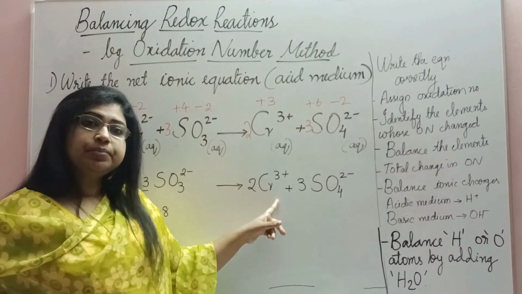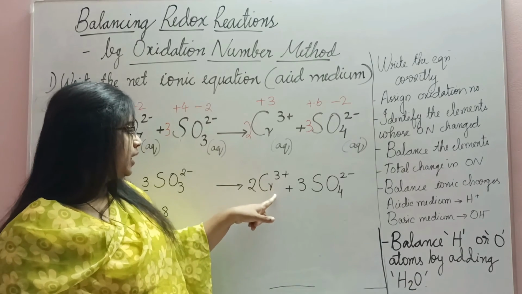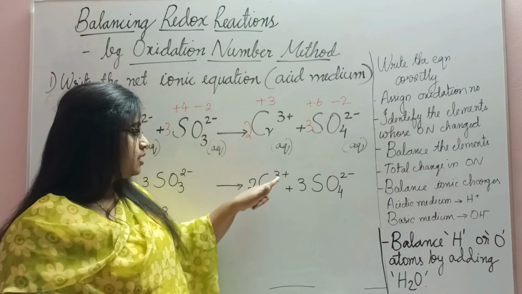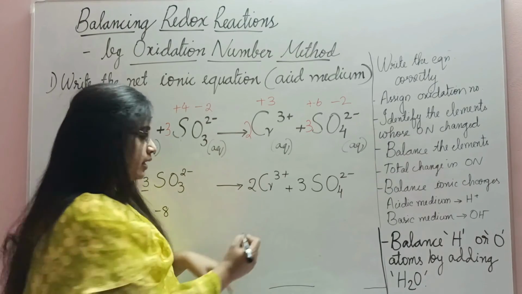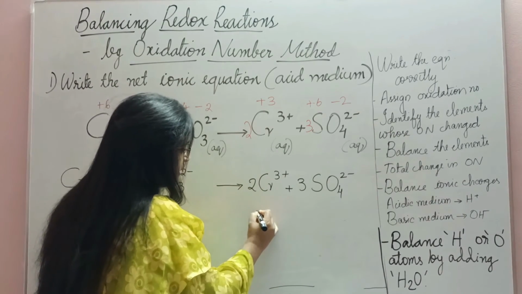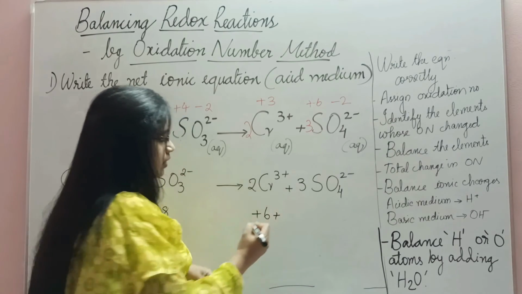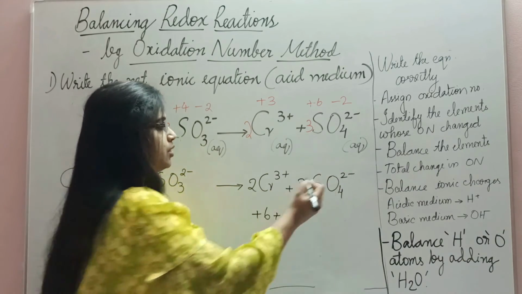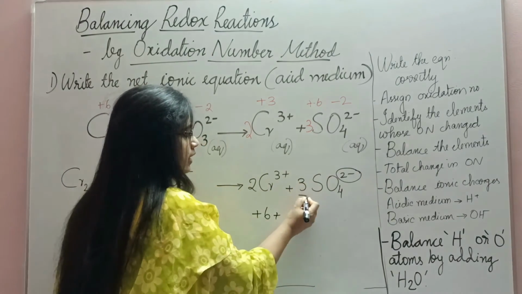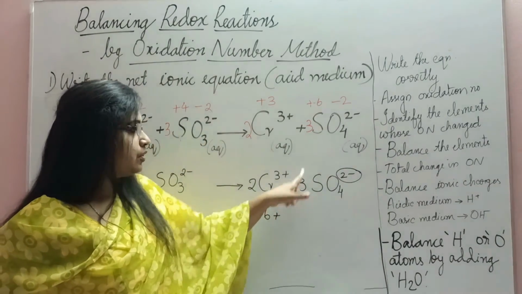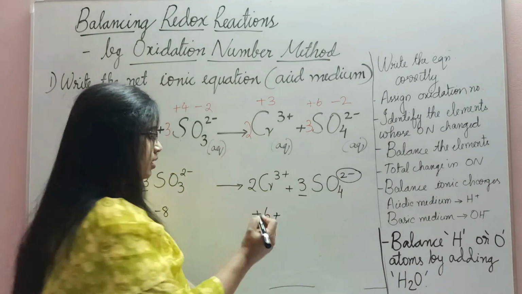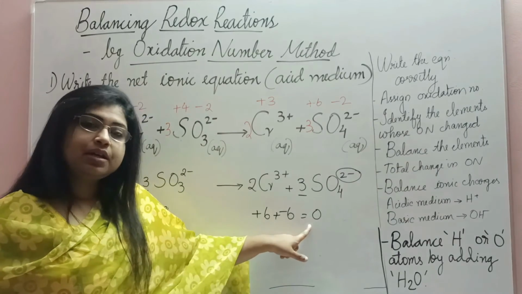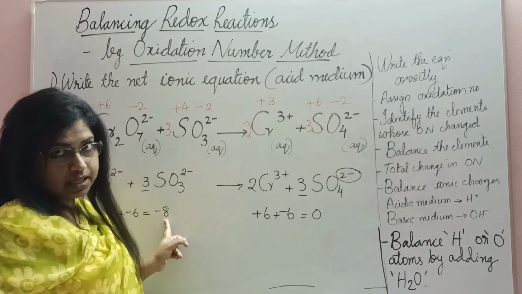Now on the product side, we have chromium 3 plus, but there are 2 chromium 3 plus. So 3 plus into 2, that is +6. Now for the sulfate radical, the charge is 2 minus, but there are 3 sulfate radicals. So 3 into 2 minus, that is -6. So total 0. So here it is 0, here it is -8.